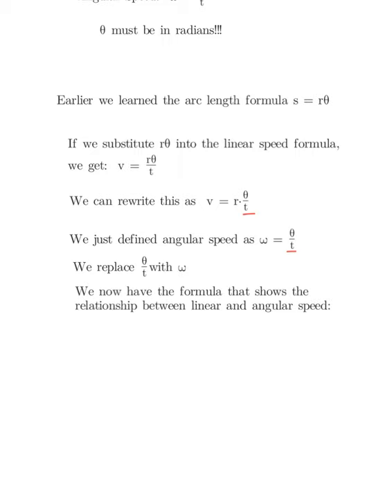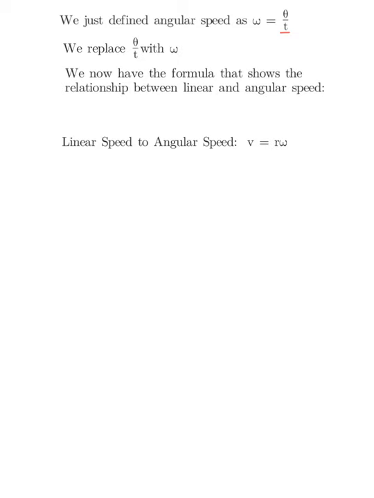We now have the formula that shows the relationship between linear speed and angular speed: V equals R omega, where V equals linear speed, R equals radius, and omega equals angular speed.